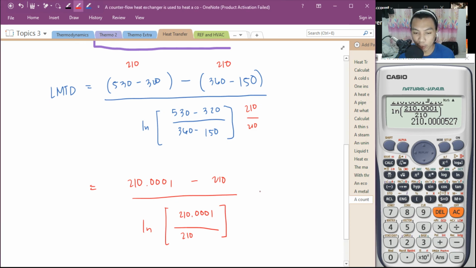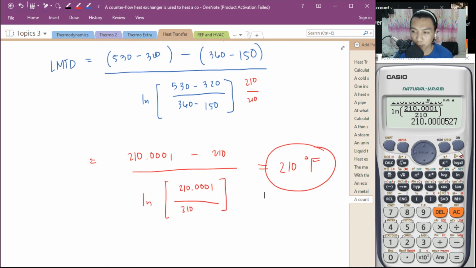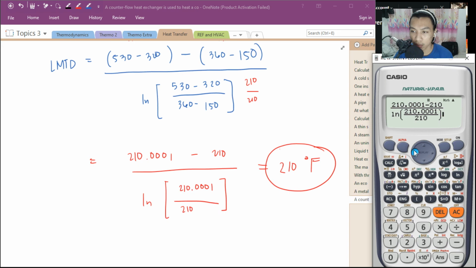Okay? So, may nakuha ka. Unlike dito, this is 0, di ba? Or 1. ln at 1. That is 0. Yung lalabas dito. Now, meron tayong nakuhang value. 210 degrees Fahrenheit. That is the LMTD. How about, sir, pwede bang gawin namin 209? Pwede. Subukan natin. Okay?